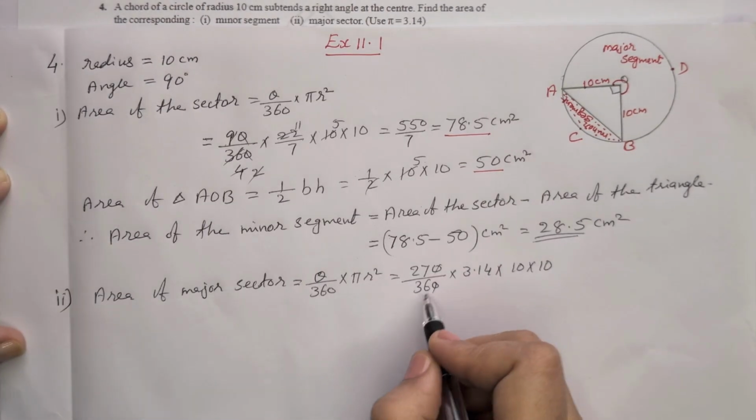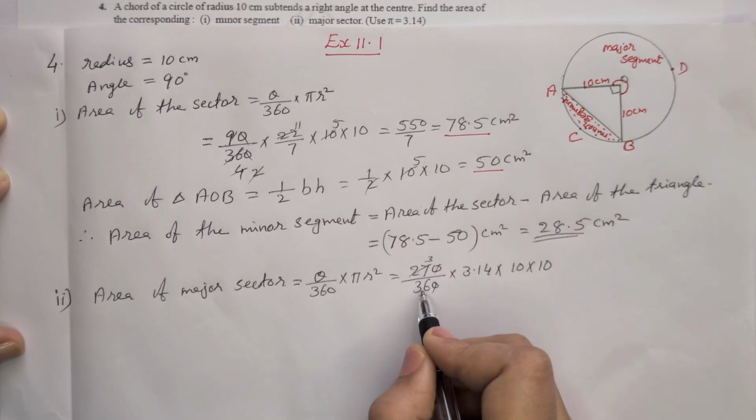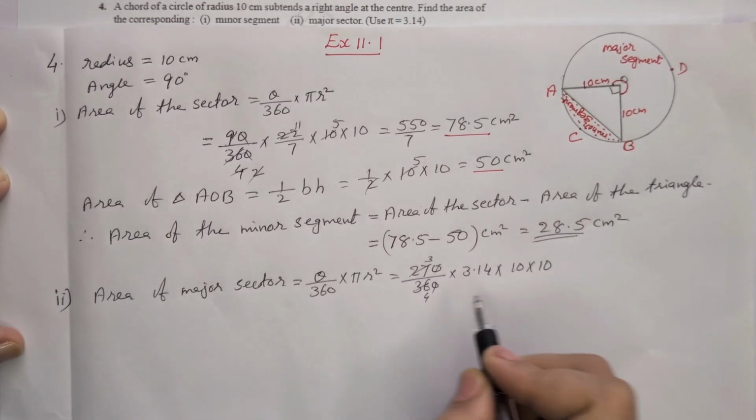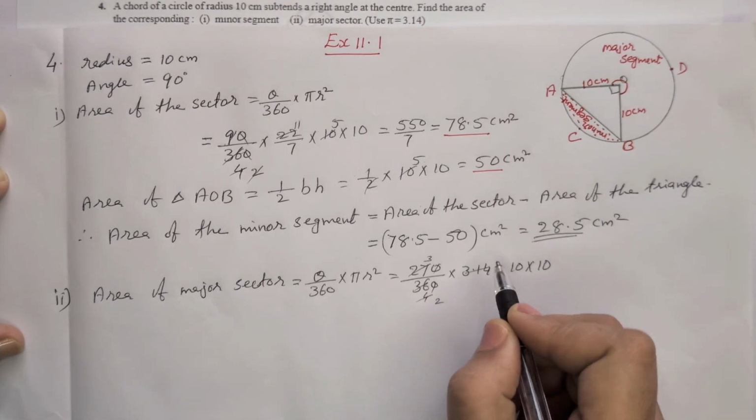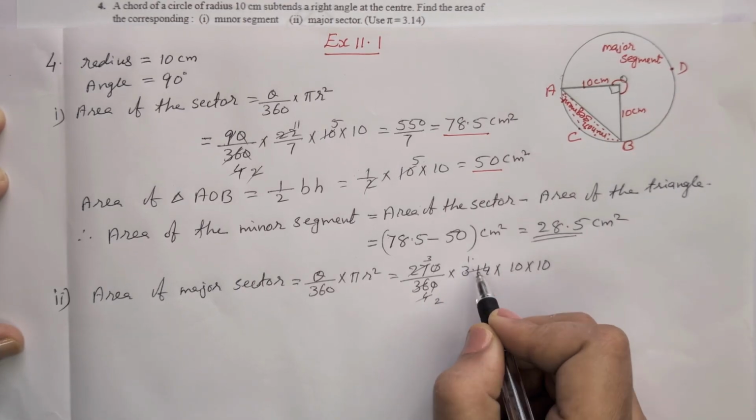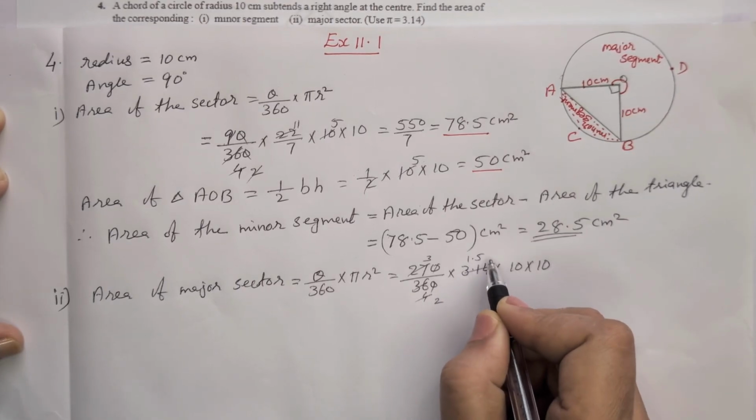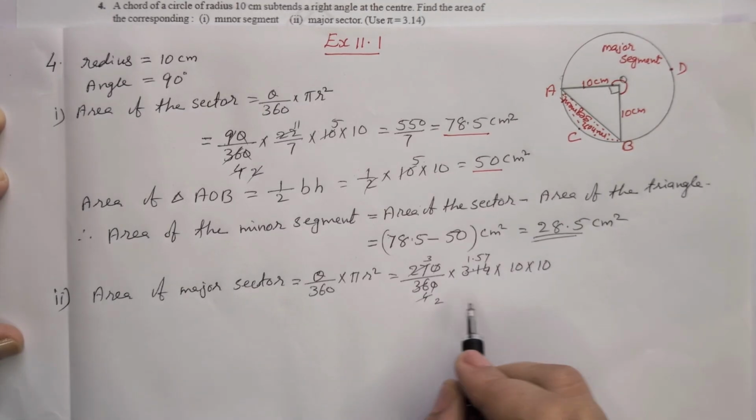Here when we are dividing by 9, 3 times, here 4 times, then 4 by 2, here 1.57.